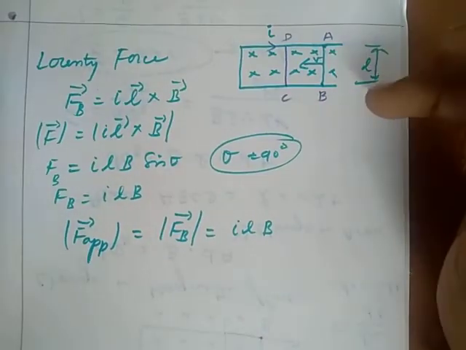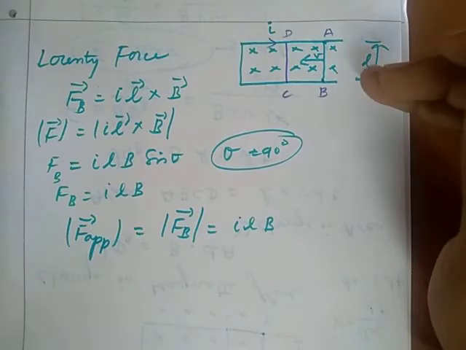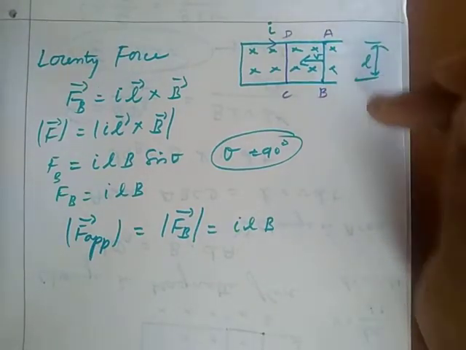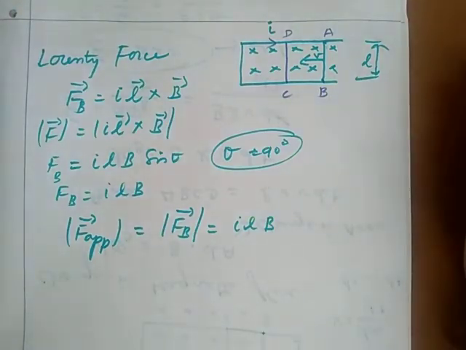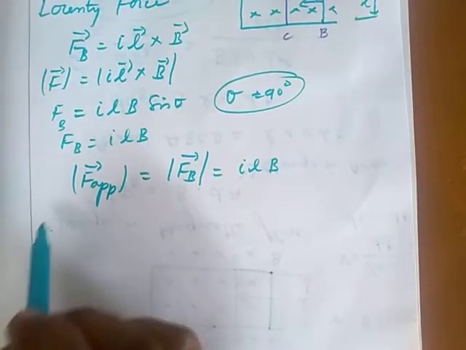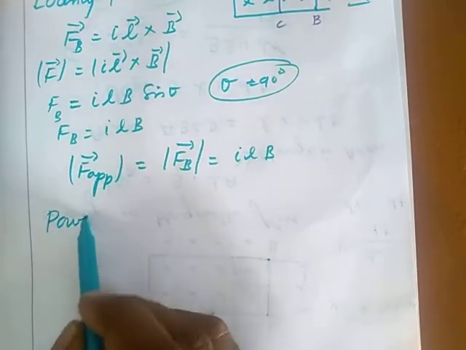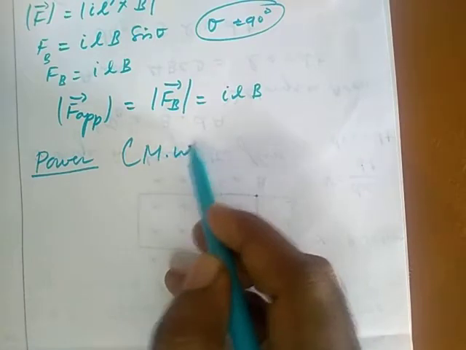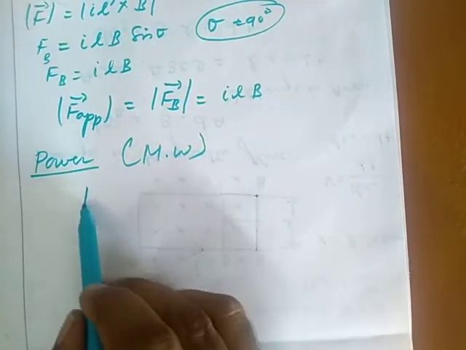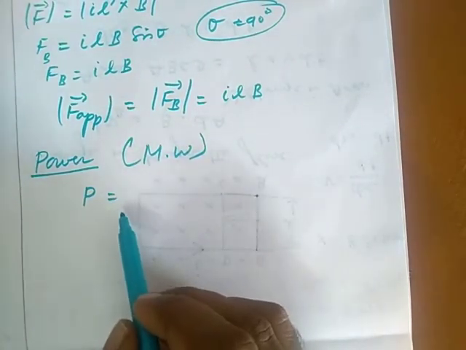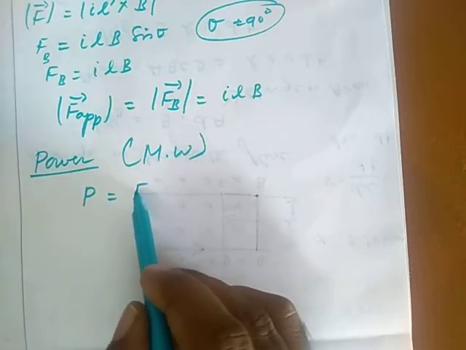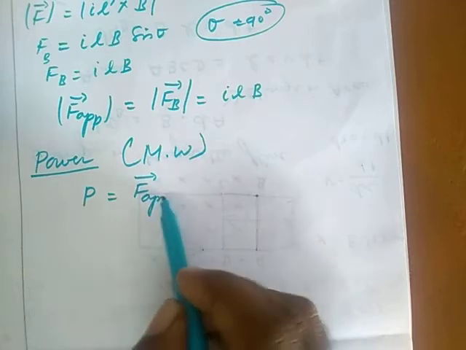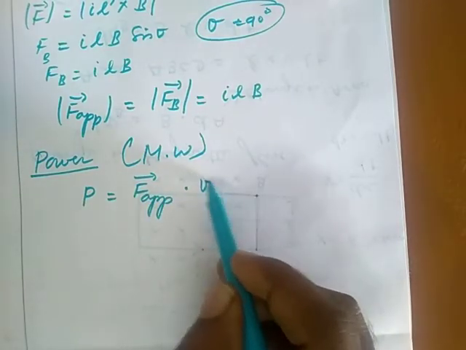Here we are moving with the velocity v, so we are doing some mechanical work. The power of that work, we know power is the rate of doing work. Power is a scalar quantity. We can write it in terms of force and velocity: P equals F applied dot V vector.